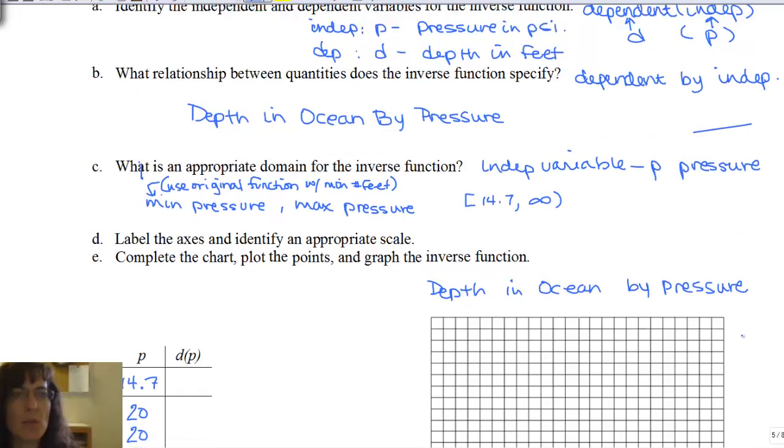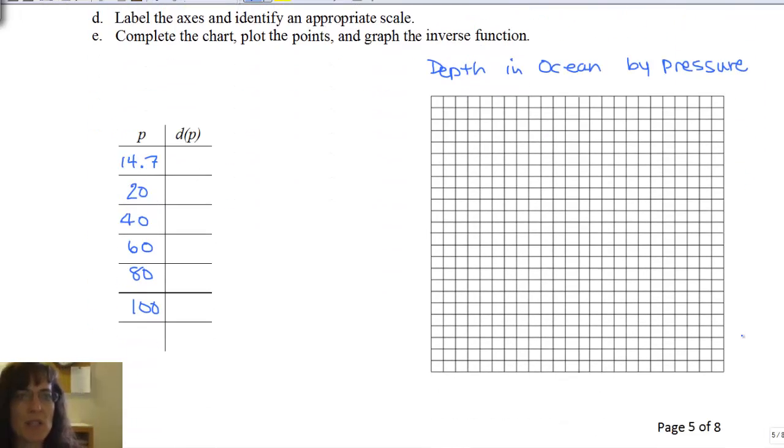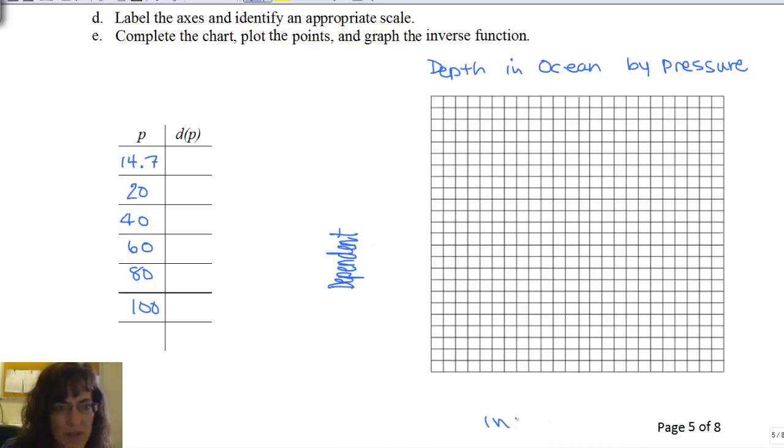And the labels for each of my axes, remember on the left side is going to be dependent by independent.